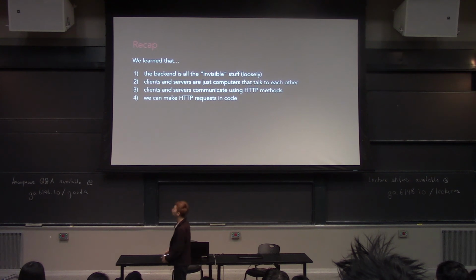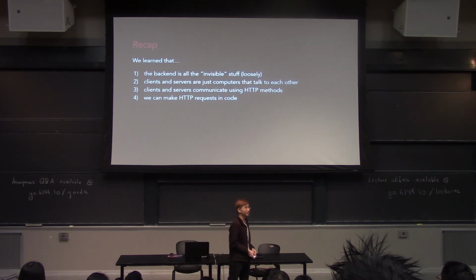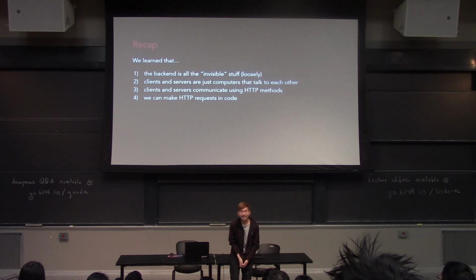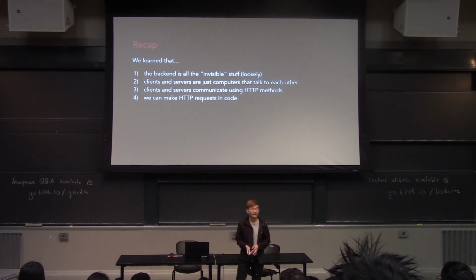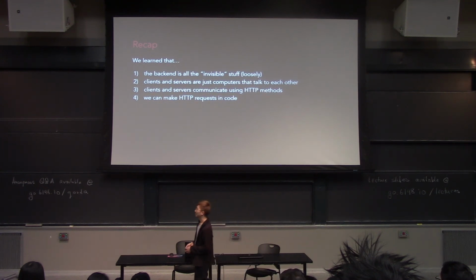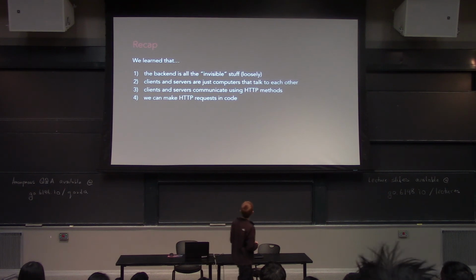Okay, cool. So that's basically the end of my lecture. To recap, we learned that the backend is loosely defined as all of the invisible stuff in your web application, the stuff that users can't see, stuff that allows you to compute statistics or log in a user.